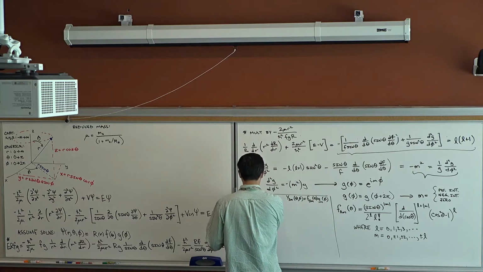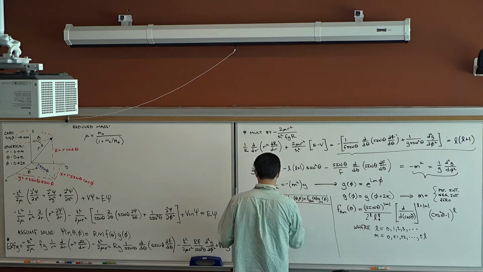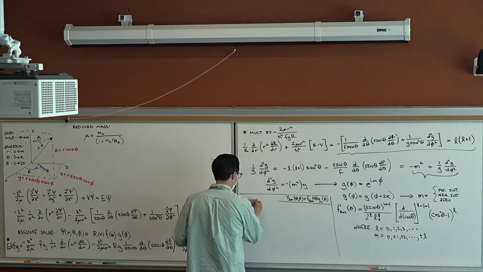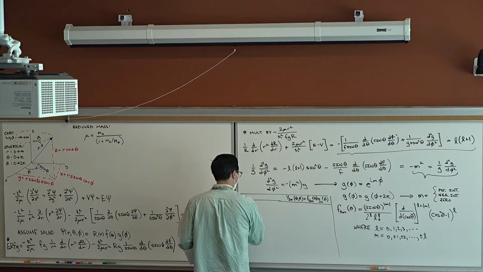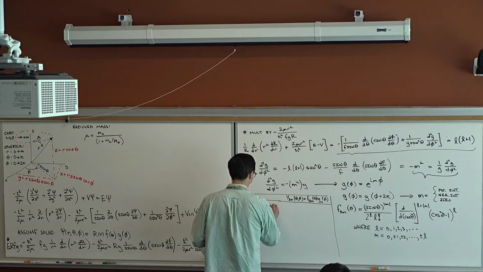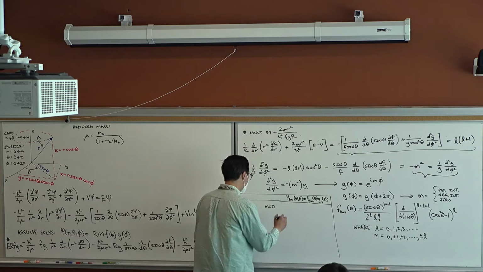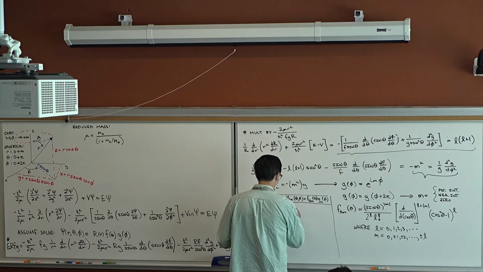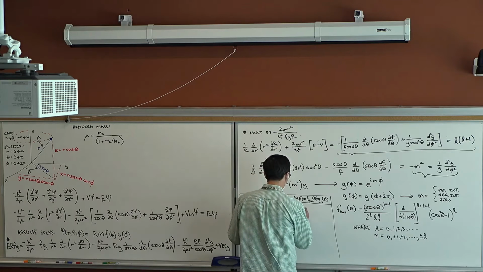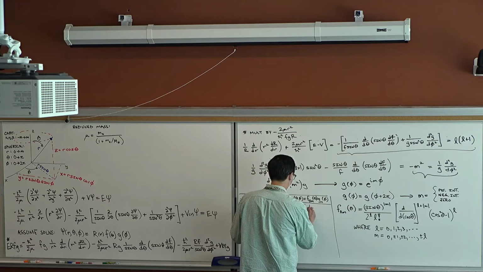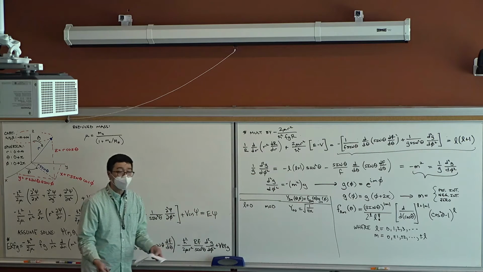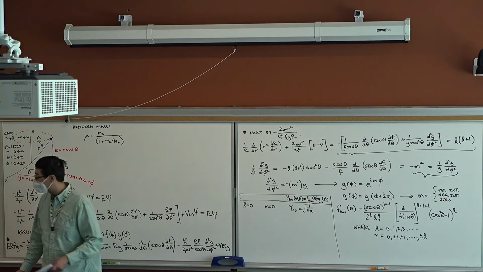And so I'll tell you that L equals 0, M equals 0, Y 0, 0 is just equal to 1 over 4 pi under the radical. That's friendly, right?